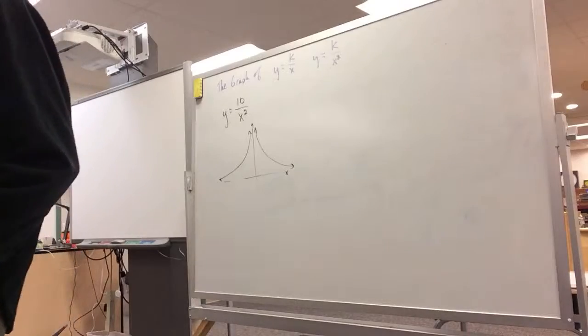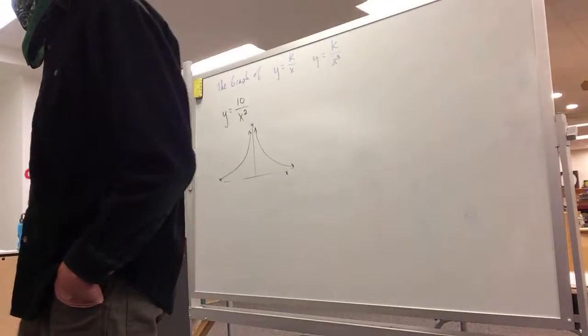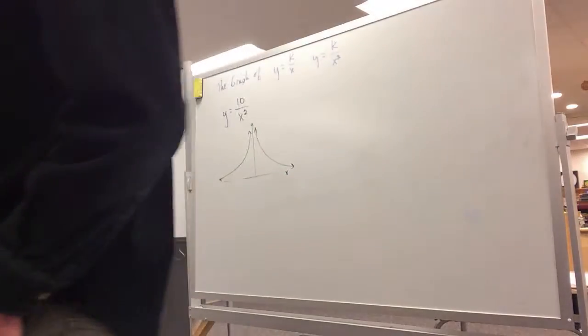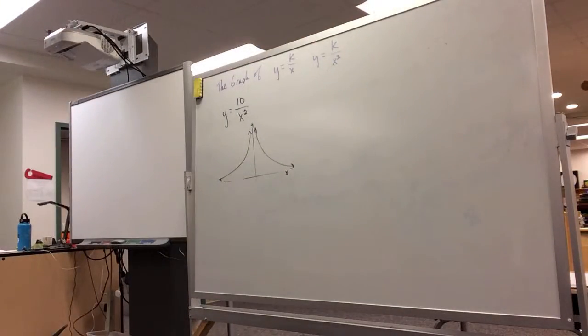And graph those right on top of one another. Got it? How are they different? Yeah, it sits above it, doesn't it? Because your numerator is larger, your outputs end up being a little bit different.